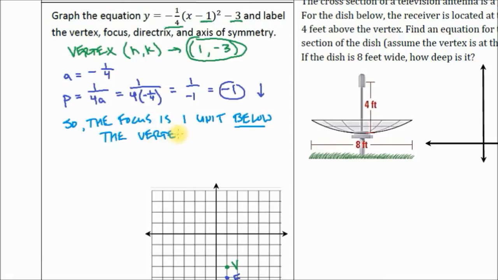So if that p value was +2, we would count 2 units up from the vertex. If the p value was -4, we would count down 4 units from the vertex. So now we've covered the focus.